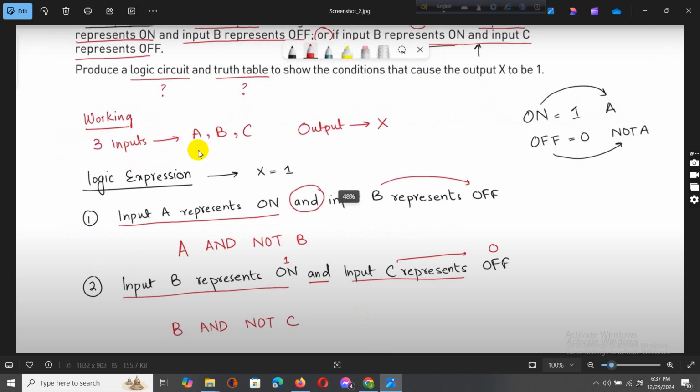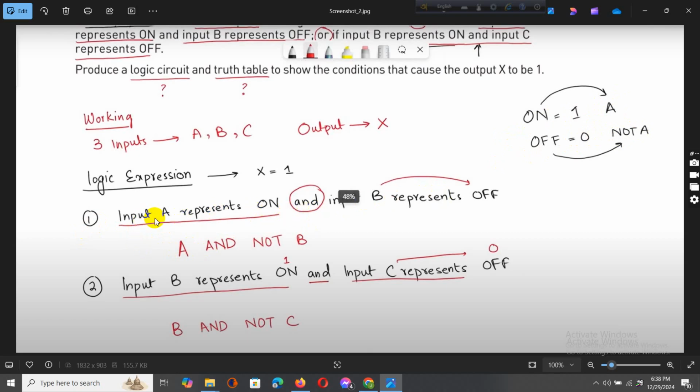There are 3 inputs A, B, C and the output is X. X equals 1 if the condition given in your question is true. So for the first condition, on equals 1, so you can write A. If off equals 0, then you can write not A. The first condition is input A represents on and input B represents off.